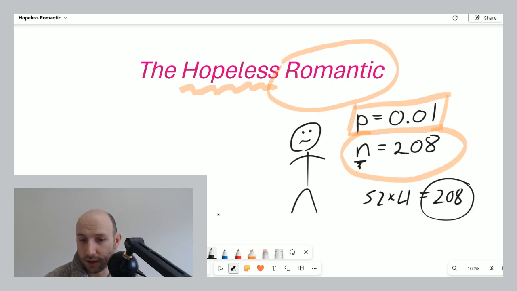The trials are independent, okay? So your success or failure on the previous attempt does not affect your probability of success or failure on the next attempt. And the two possible outcomes, success or failure, are mutually exclusive, right? You can't succeed and fail. It's either one or the other.